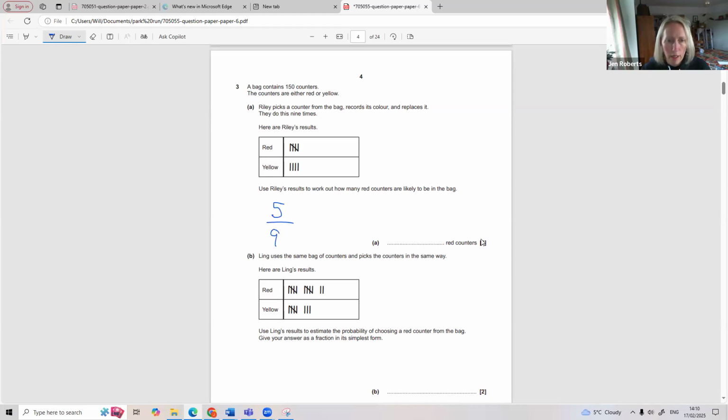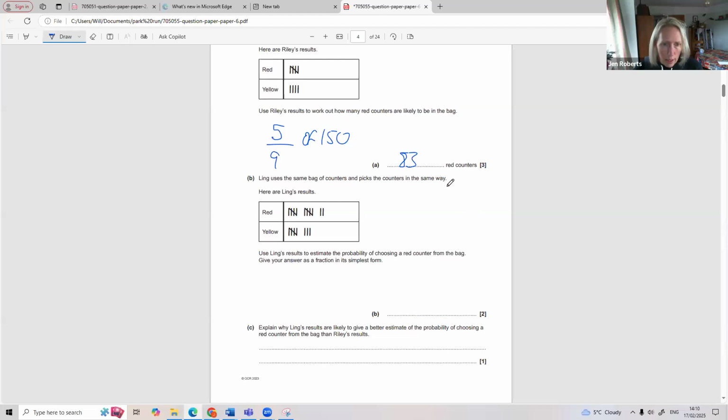Okay, so we want 5/9 of 150. So I've just timed this straight into my calculator. Just like that, which gives you 83.3 recurring, rounds to 83 red counters. Or they do give you the marks for 84 here.